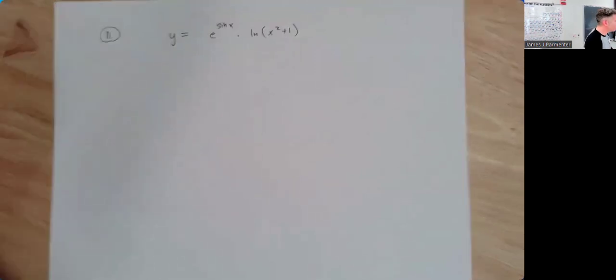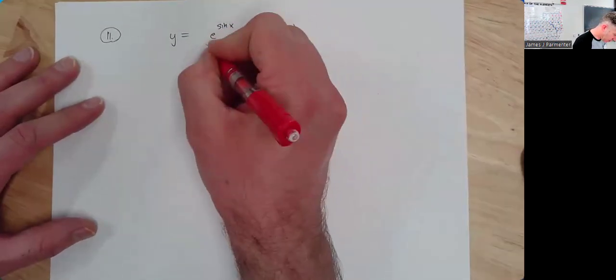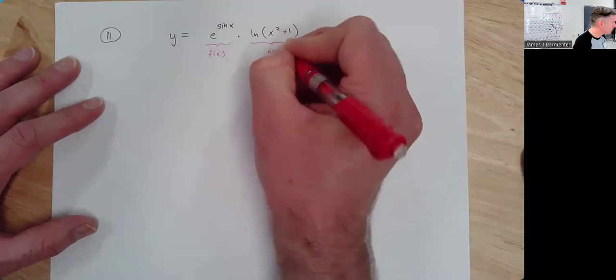It's not impossible. It just requires being diligent about keeping track of everything. So I see a product rule kind of at the first step. I see some function of x times some function of x.